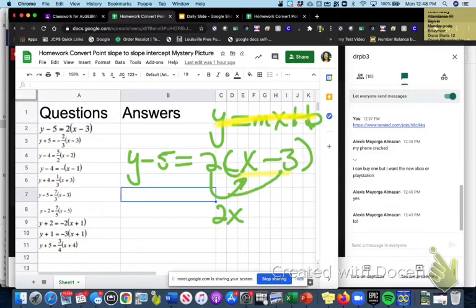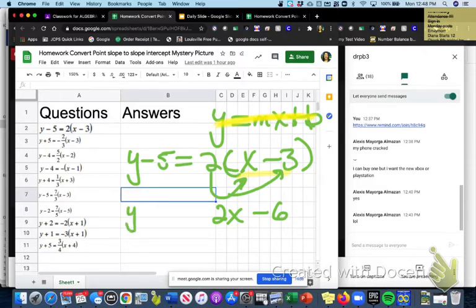And then 2 times negative 3, because minus and a negative means the same thing, that is going to make that a minus 6. So by taking that outside number and distributing it to the stuff inside of the parentheses, it gets rid of the parentheses altogether.